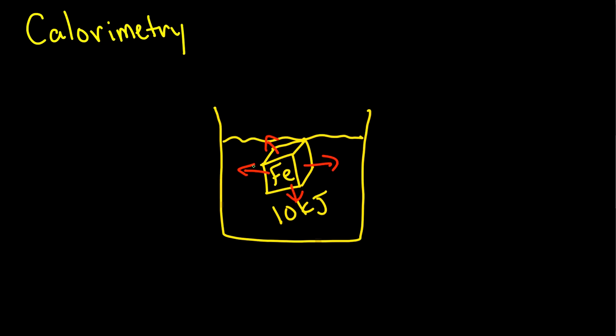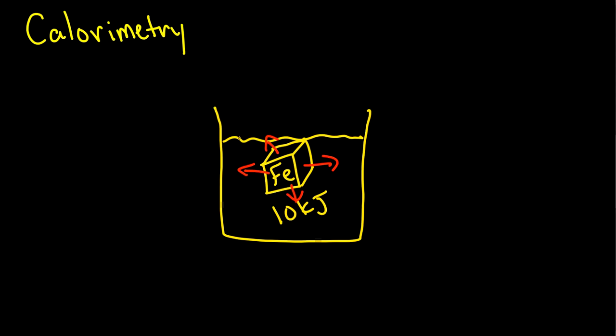But how much energy will the water absorb? How much energy will the iron give away? Well, the iron's going to keep giving away its energy until it reaches an equilibrium point, a thermal equilibrium. So once the temperature of the water is the same as the temperature of the iron, that energy transfer will slow down significantly.